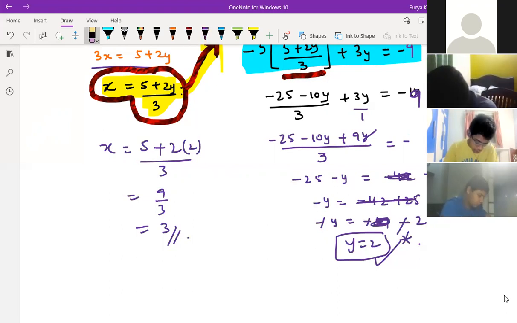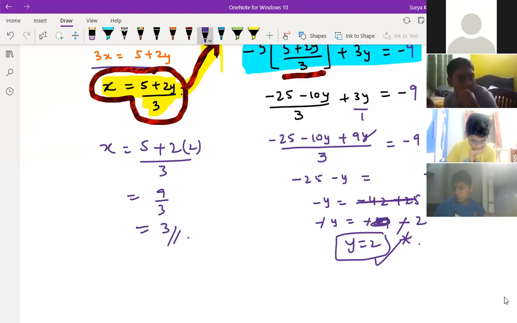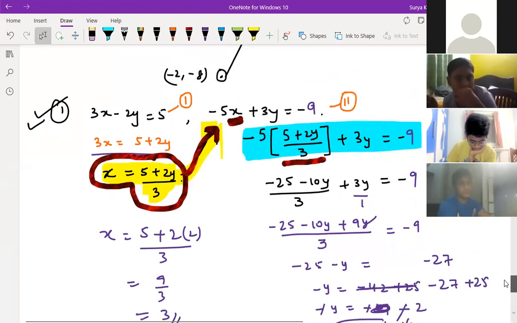So the substitution method, if you understood this much, then you will not have doubt anywhere. Sai Charan, now you tell me, your substitution part came here. Tell me where you're feeling difficulties. No difficulty, sir. When I was teaching the graphical method, you asked some question.